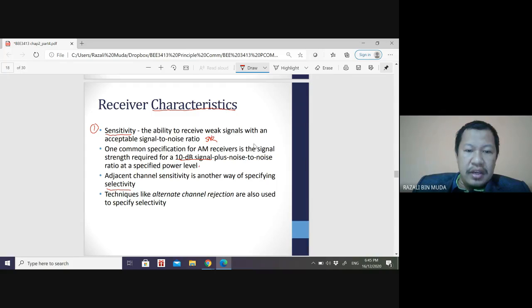Techniques like alternate channel rejection are also used to specify selectivity. There are a few terms here that need further reading, if you want to further understand this theory.